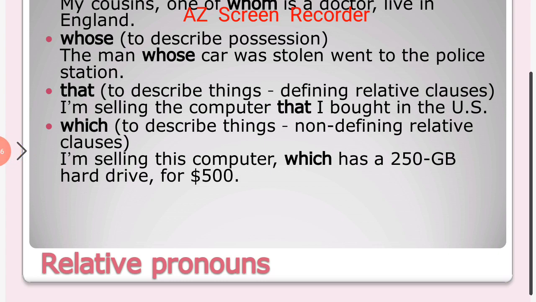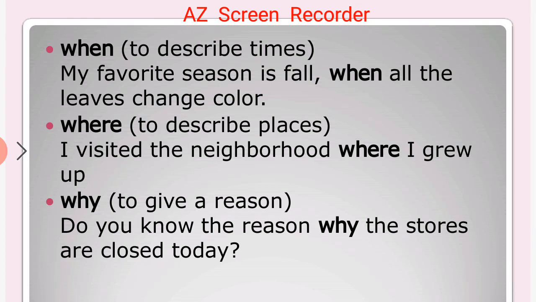Relative pronouns. When, to describe times, which means I am continuing presenting for you all the relative pronouns we have in English. So we have when, we use it to describe times.